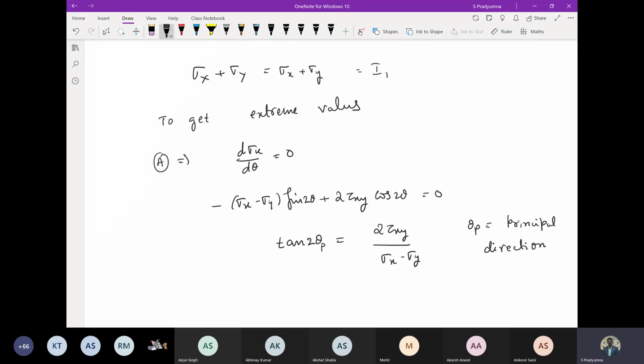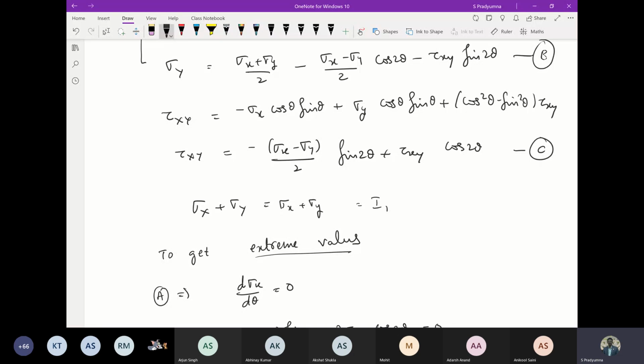I have never said that the normal stress will be maximum or minimum because of this; these are the extreme values we obtain from taking the derivative of sigma x with respect to theta.